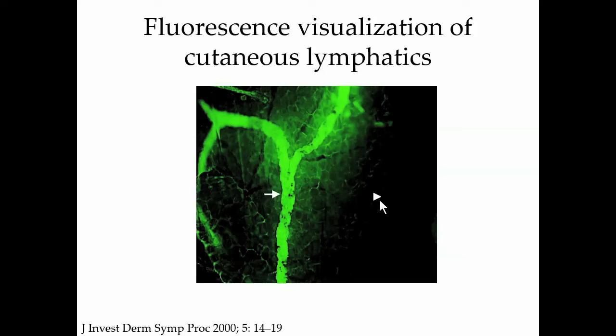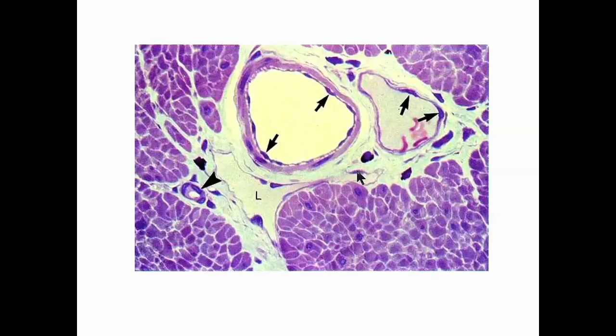Notice that where the arrowhead is, that's a blood vessel. This material is impermeable to the blood vessel because it cannot enter the vessel by diffusion, and I think this very nicely illustrates the functional capacity of lymphatics to deal not only with fluid, but also with macromolecules.